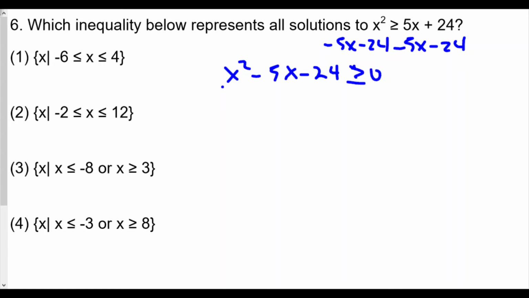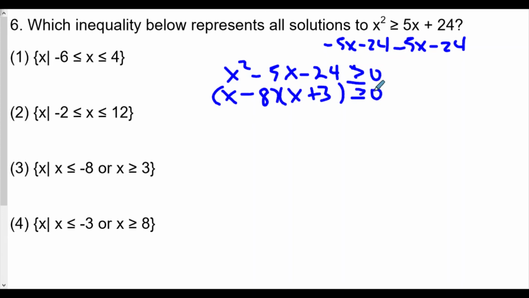So now we're going to factor. We have x and x, and two numbers that multiply to 24 and subtract to 5 are 8 and 3. The larger number gets the negative, and the opposite is positive, so we can see -8 plus 3 gives -5 in the middle, and -8 times 3 gives -24. This is greater than or equal to 0.